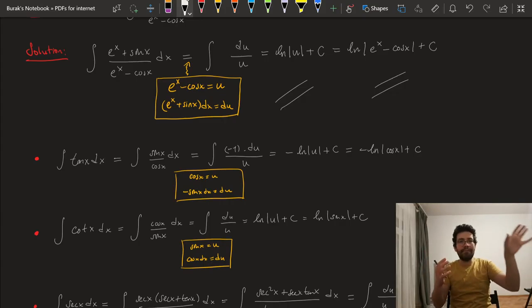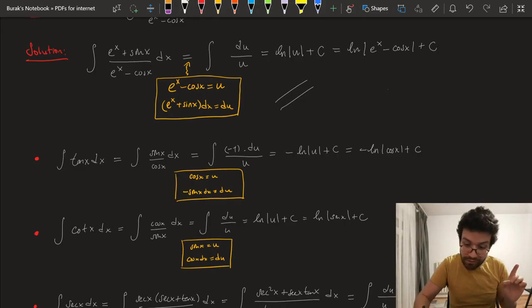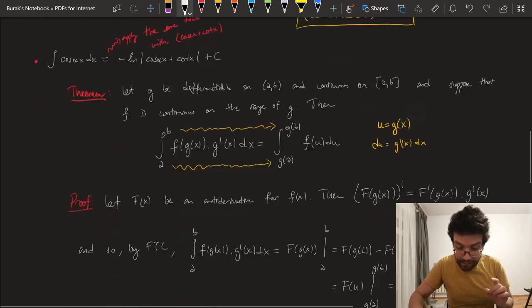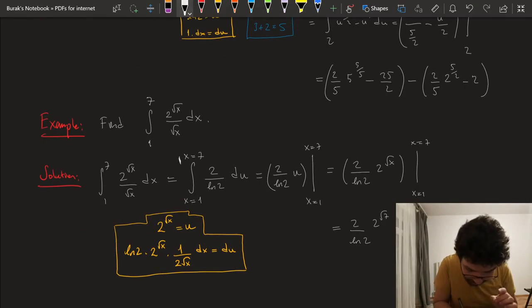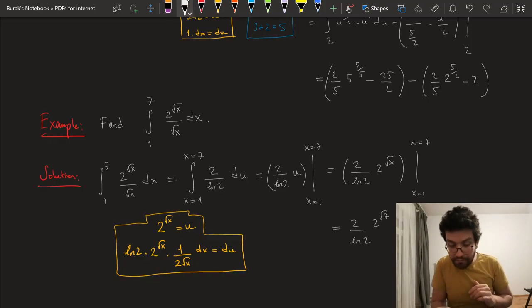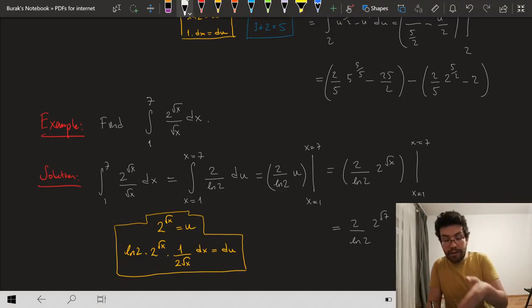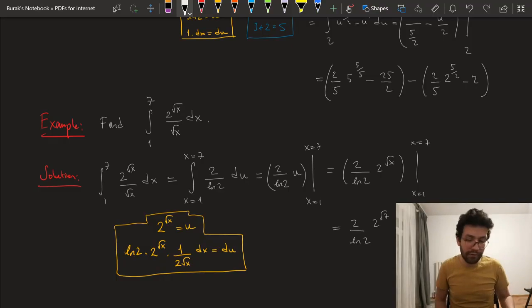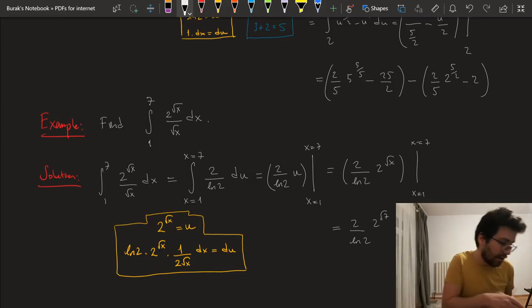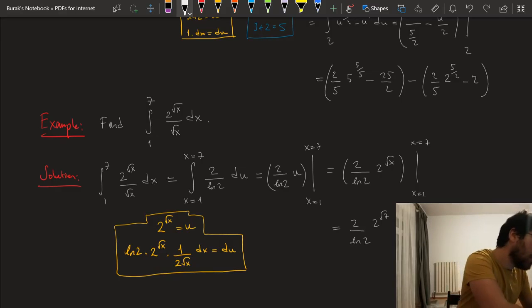You can just keep them, but you should also write that those are upper and lower limits for x. You should just write x equals blah blah, x equals blah blah. After you find your antiderivative, you can go back to working with x, and then you can evaluate your integral like this. So this is another thing that people do. Okay, that's that. So we solved this one as well.